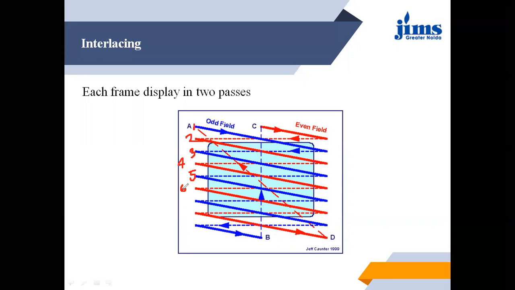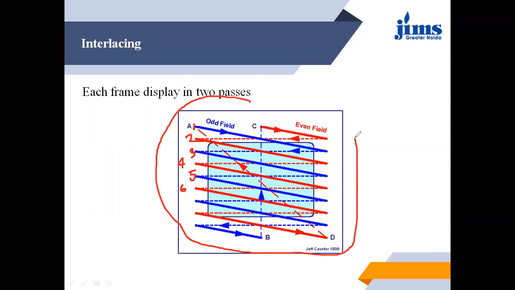So when the electron beam accesses even and odd fields, or odd scan lines, alternately, then it is called interlacing.